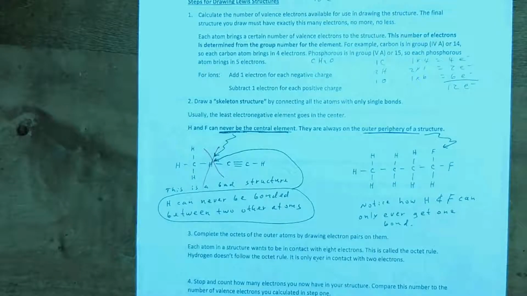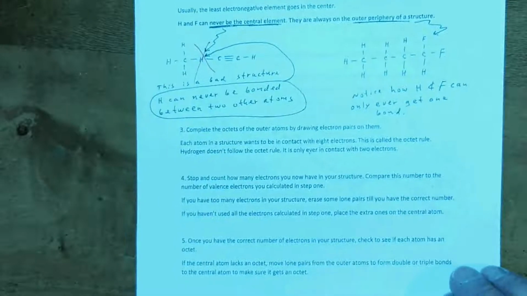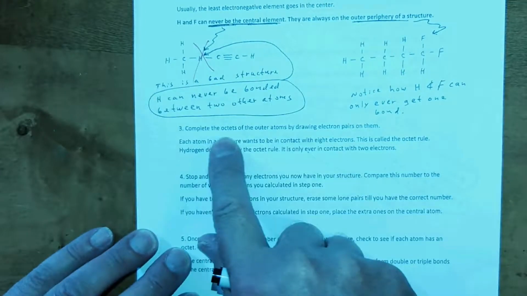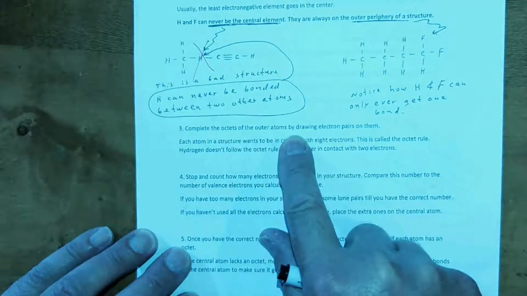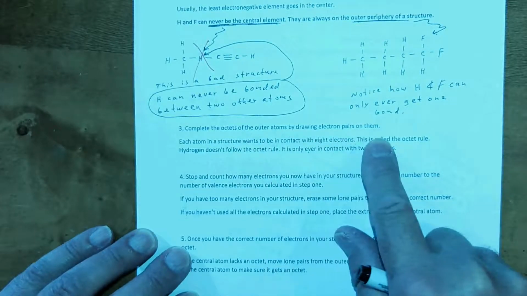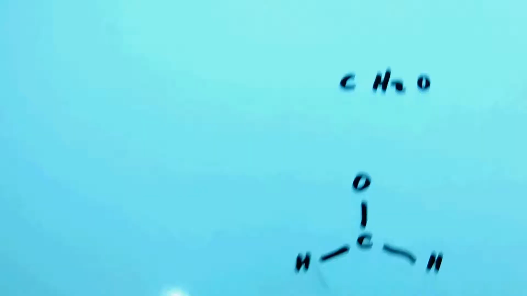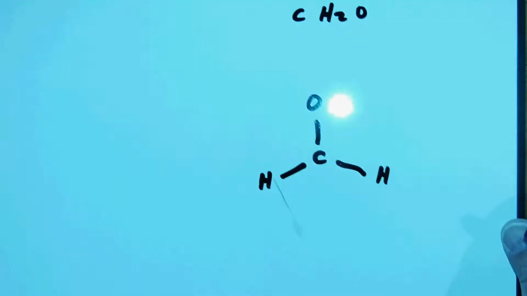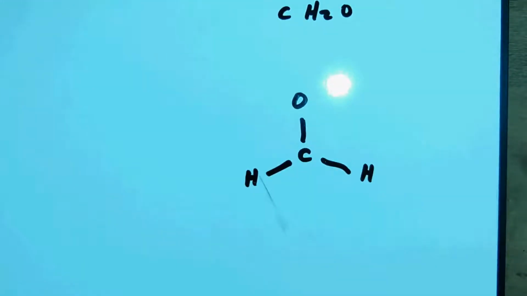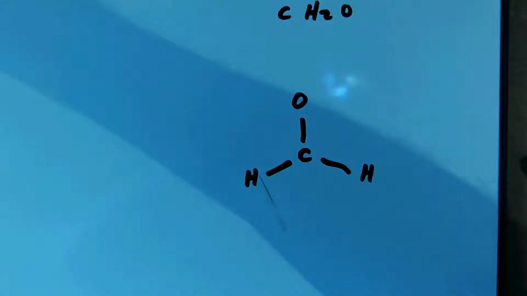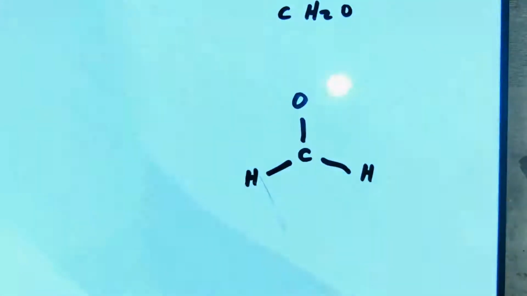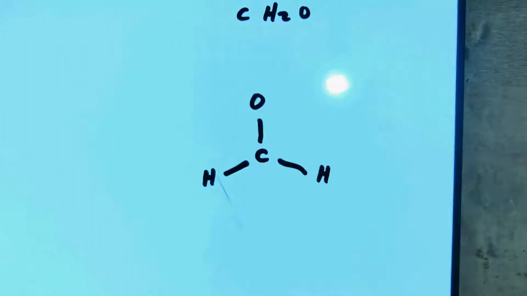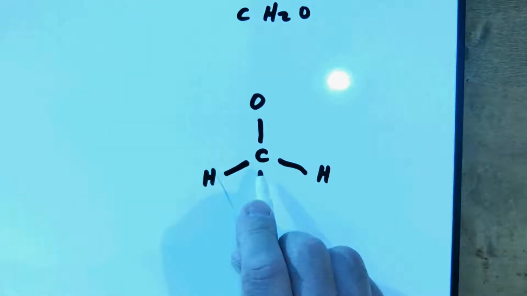The third step in drawing Lewis structures says to complete the octets of the outer atoms by drawing electron pairs on them. This is so easy. You take a look at your skeleton structure. Okay, so here's our skeleton structure. When it says outer atoms, well, that's an inner atom.